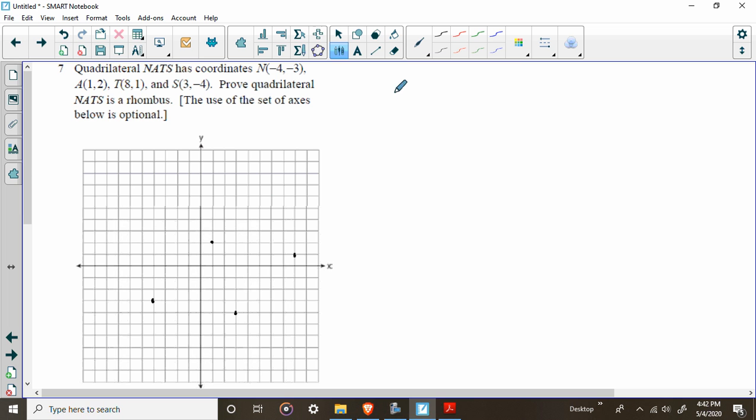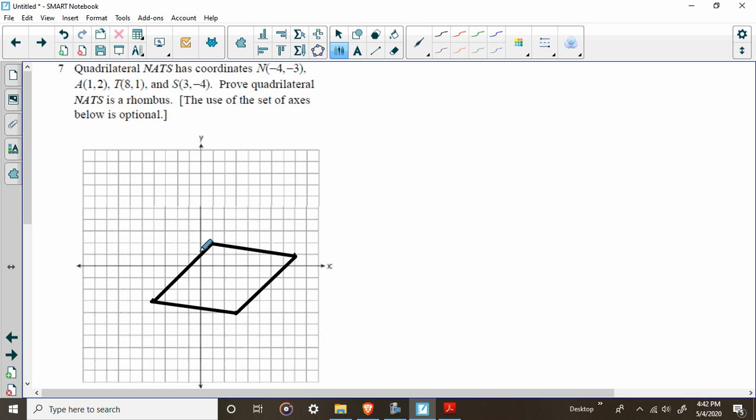Okay, and they want you to prove this is a rhombus. Now, I will be the first one to tell you that this does not look like a rhombus to me. Does it look like a rhombus to you? I don't know. Could be, but not quite as crystal clear, right?